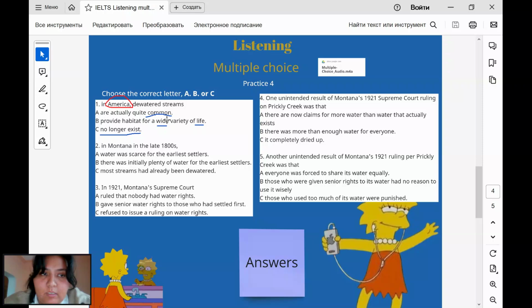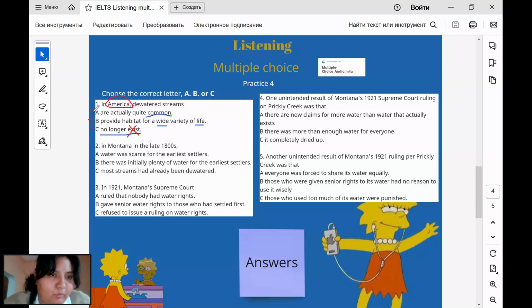Is it very common? Does it provide a habitat for a wide variety of life, or does it no longer exist? My personal opinion, not this one. This one, maybe. And I'm more sure that it is this one.